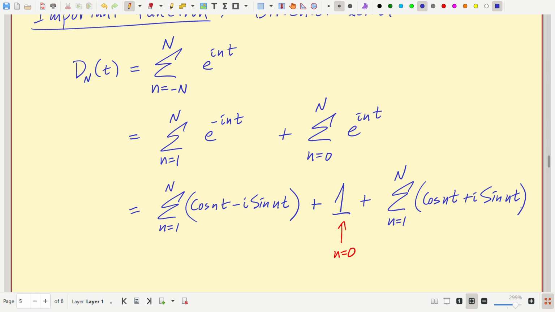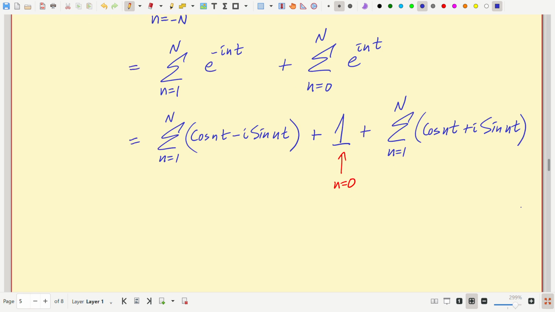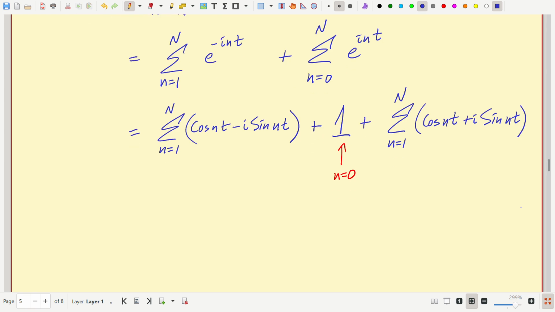Well, look at those. The minus sine nt on the first sum cancels the plus sine nt on the second sum. So that Dirichlet thing looks like it's going to be a complex function, but it boils down to 1 plus 2 times the sum from 1 to capital N of cosine nt.